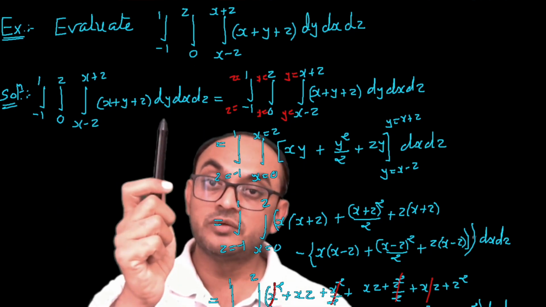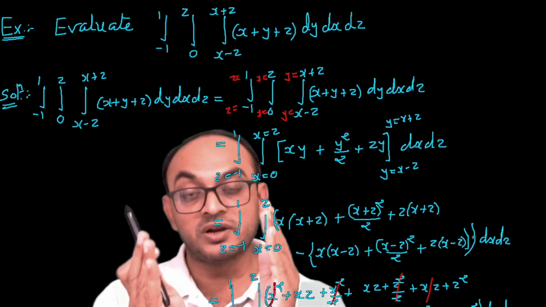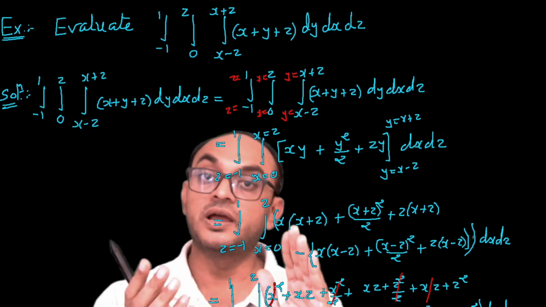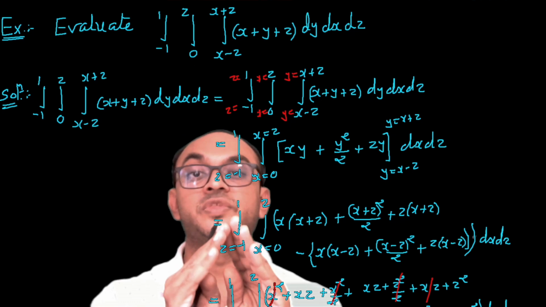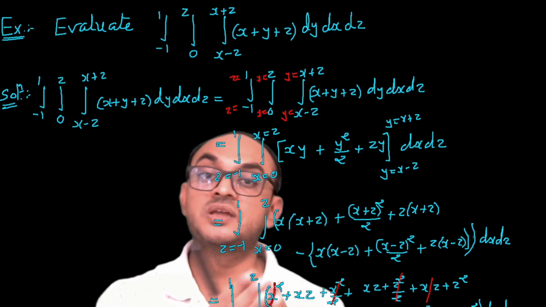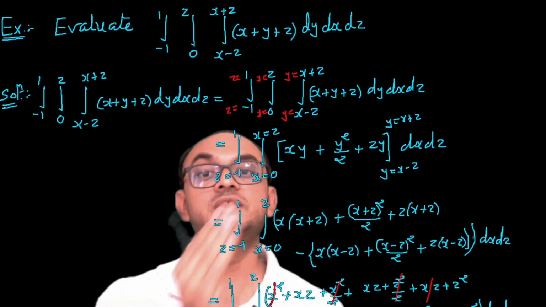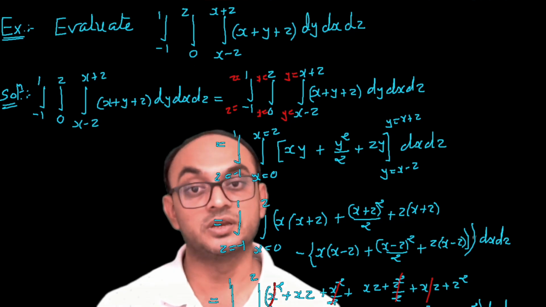After integrating with respect to y and substituting the limit, there is no y, right? Then when we integrate with respect to x and substitute its value, again there is no x. So in this way, step by step, we remove the variable y, then the variable x, and finally the variable z, and the answer is always a constant quantity.